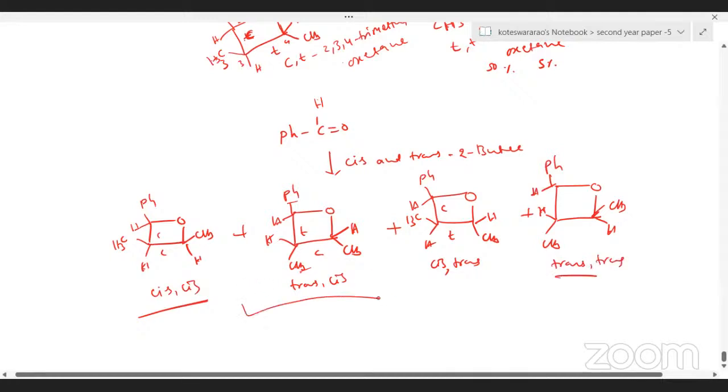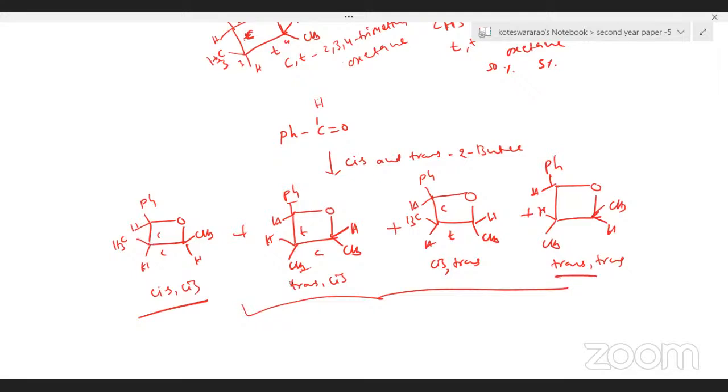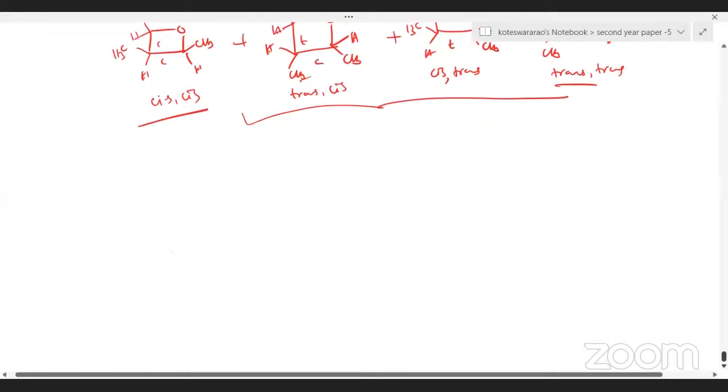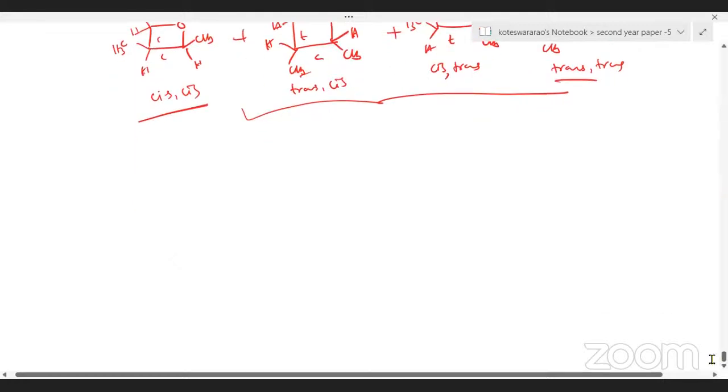How these products are generated, you need to work out at home, and imagine how different kinds of diradical systems are generated. For the formation of these four kinds of intermediates, I'm giving how the diradical systems are arranged.